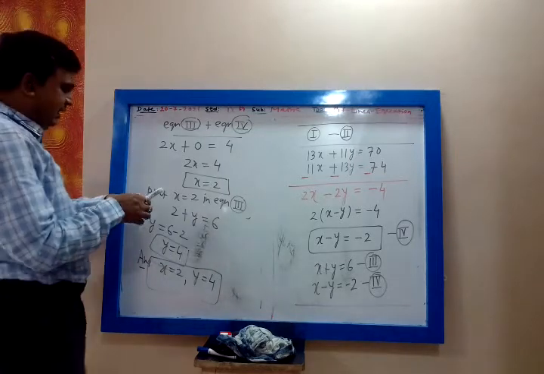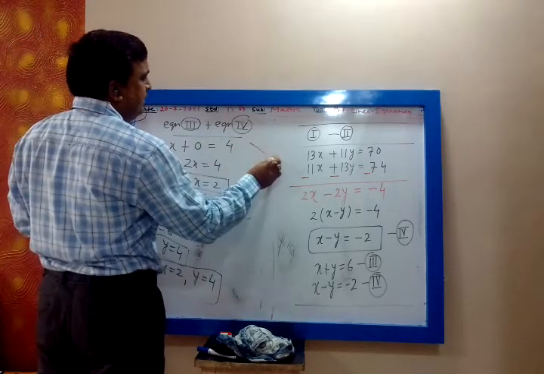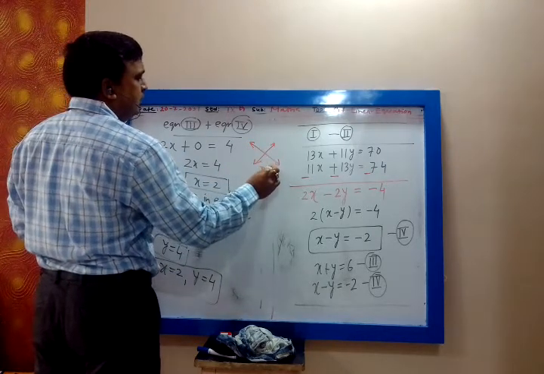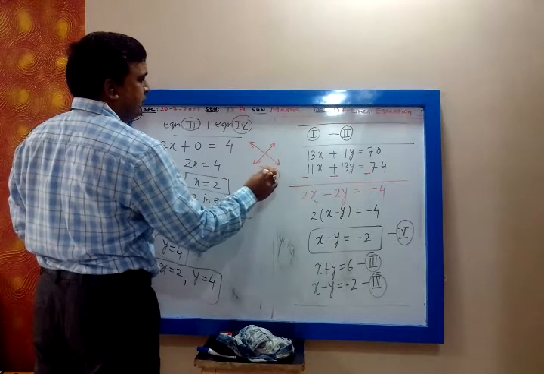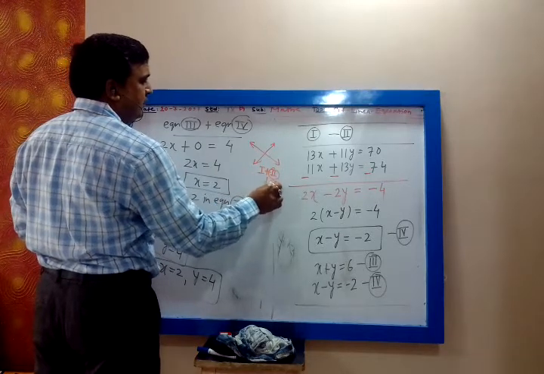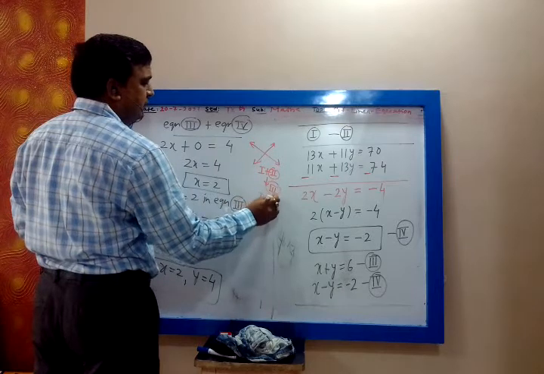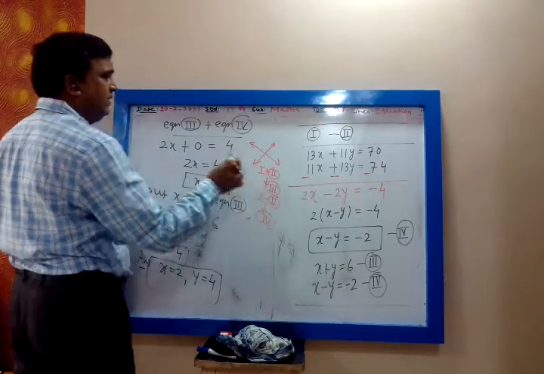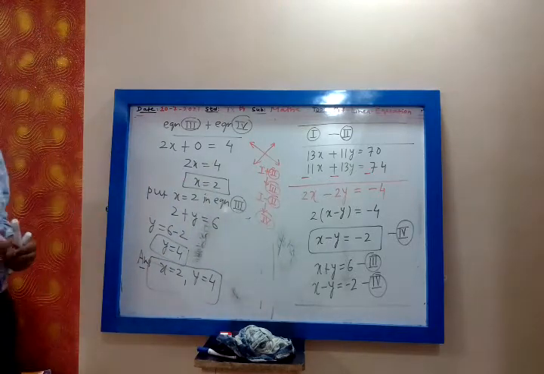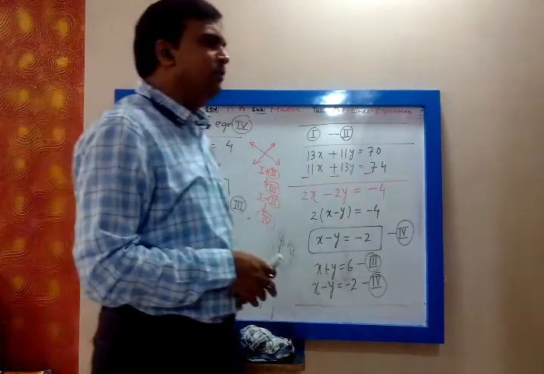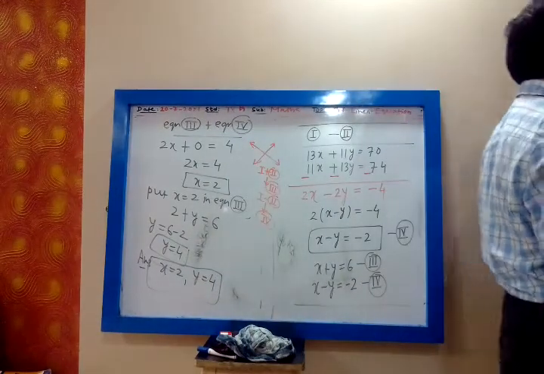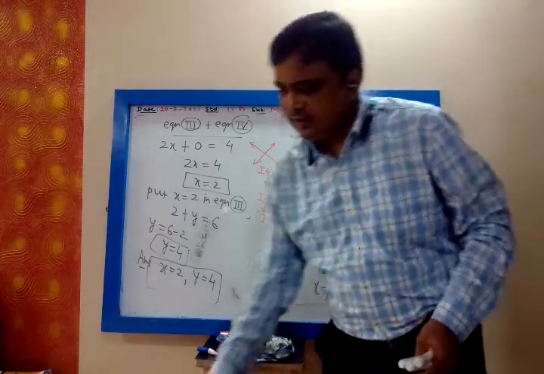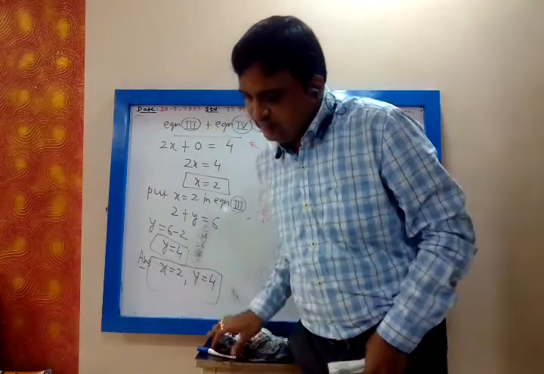So remember, whenever diagonal coefficients are same, you have to add both the equations to get equation 3, subtract 1 minus 2 to get equation 4, and then solve 3 and 4.